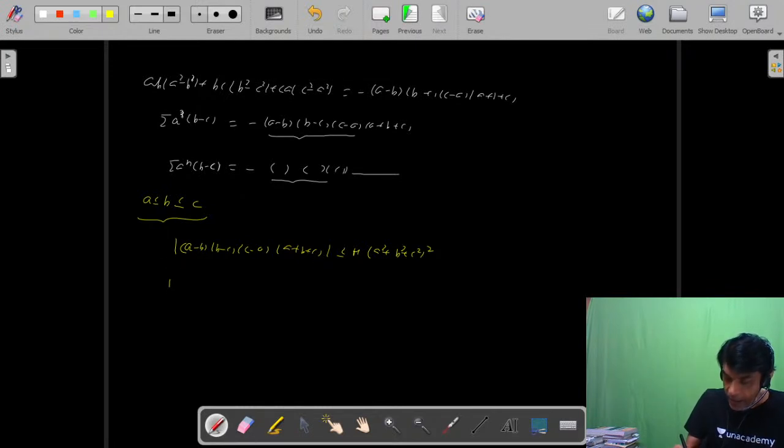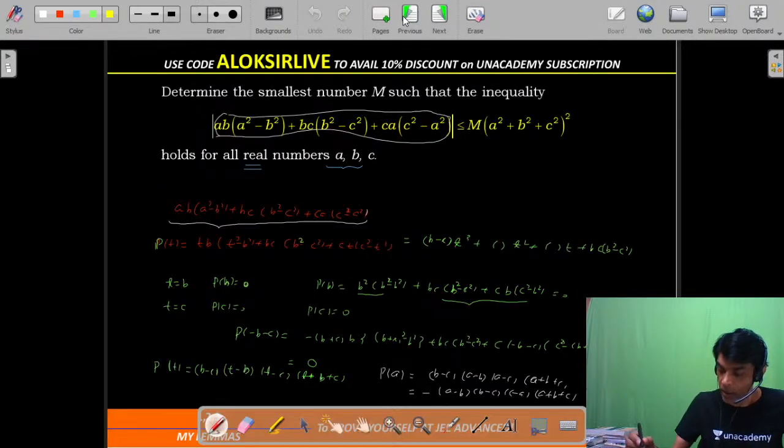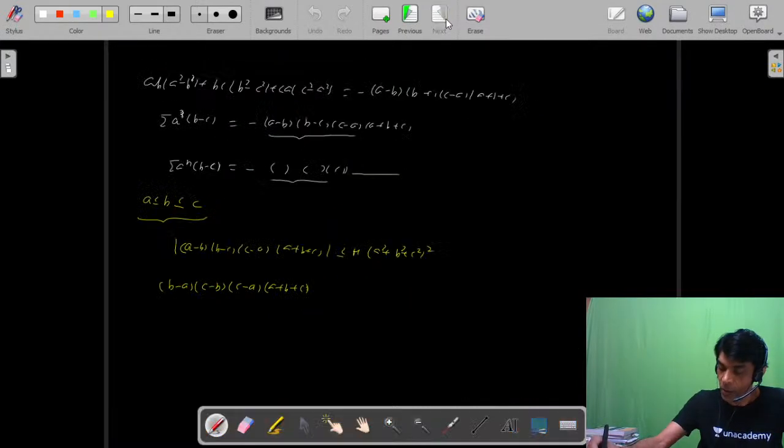And so I can write this as (B−A)(C−B)(C−A). And A+B+C is anyway positive. So A, B, C are given to be positive real numbers or all real numbers. Let me check if it is all real numbers, and then I will still do the mod. It is all real numbers, right? So I can still be okay with the mod.